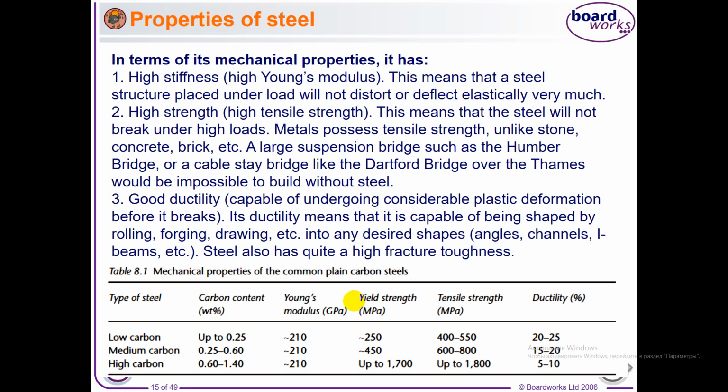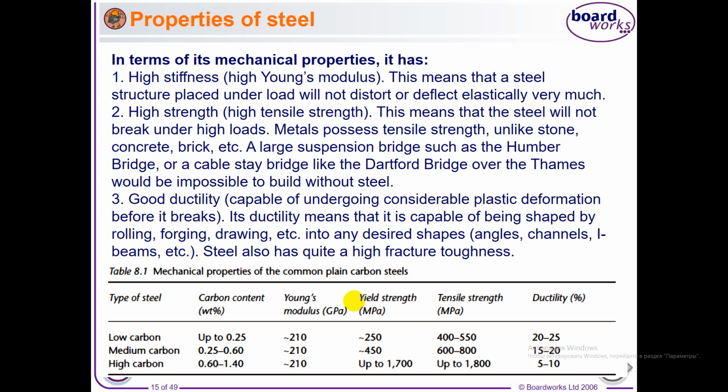In terms of its mechanical properties, it has high stiffness, high Young modulus. This means that a steel structure placed under load will not distort or deflect elastically very much. High strength, high tensile strength. This means that the steel will not break under high loads.